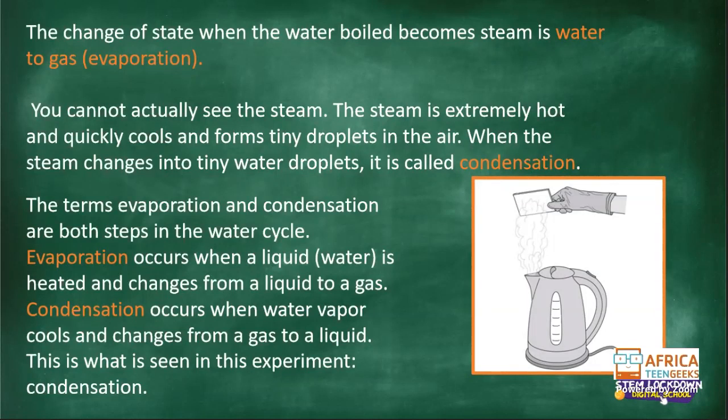Now, as soon as it leaves this kettle, the vapor will cool down and it will change from the gas to water. All these are little water droplets. And then it will change back into a liquid. And that is what is seen in this experiment. It is condensation. Okay.